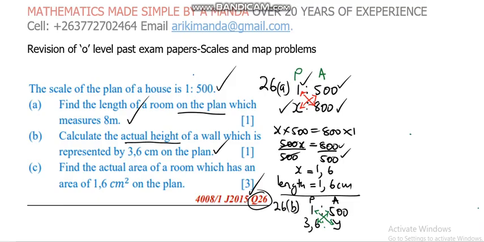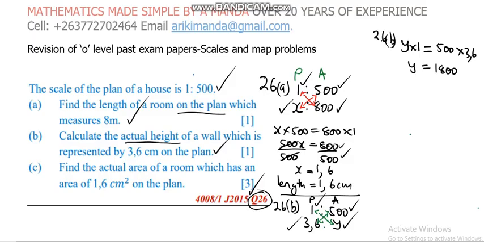So let's continue with our question number 26b. I'll safely say y multiplied by 1 is equal to 500 multiplied by 3.6. Let's simplify. Y times 1, we get y, is equal to 500 multiplied by 3.6, we get 1,800.